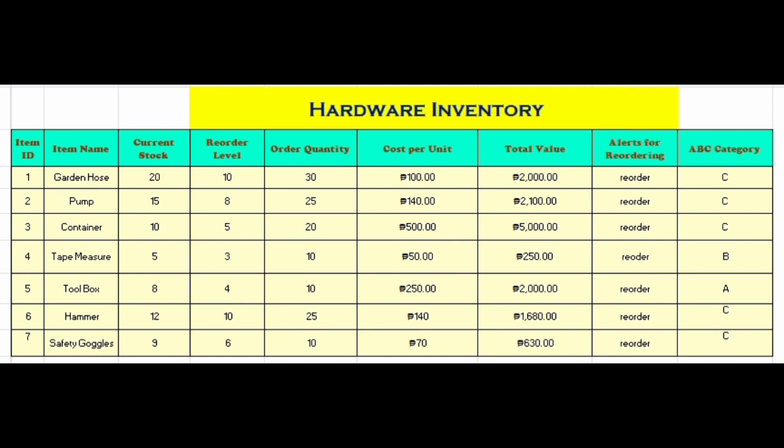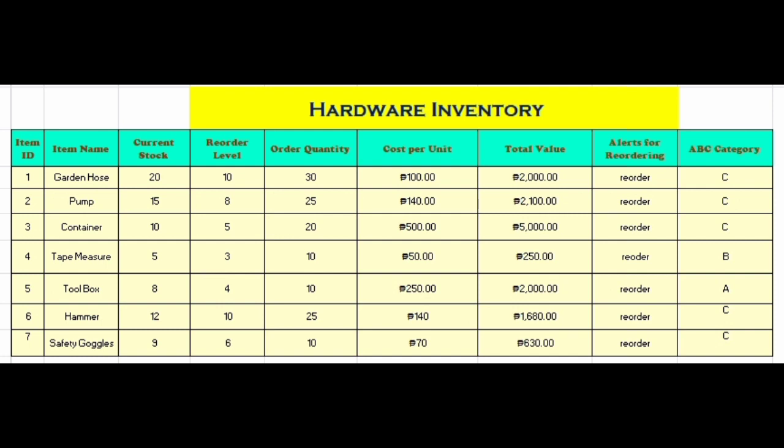It is a dynamic value that changes as items are bought or sold. For example, garden hose has 20 units, pump has 15 units, container 10 units, tape measure 5 units, toolbox 8 units, hammer 12 units, and safety goggles 9 units.